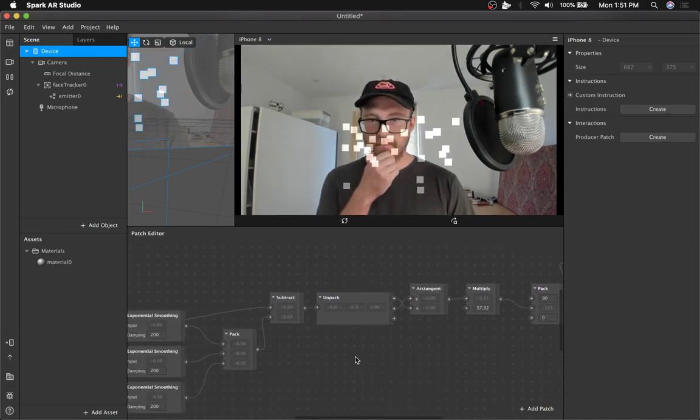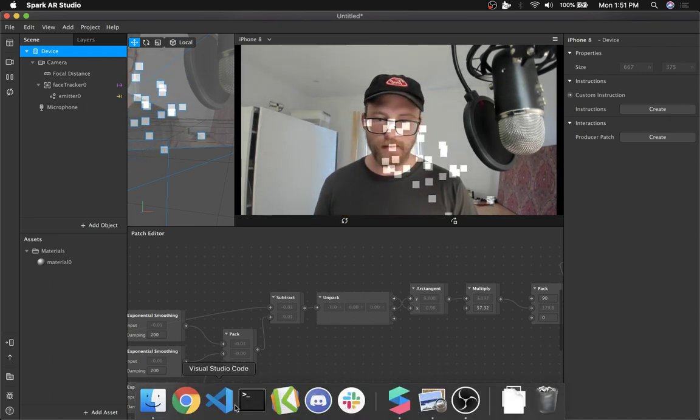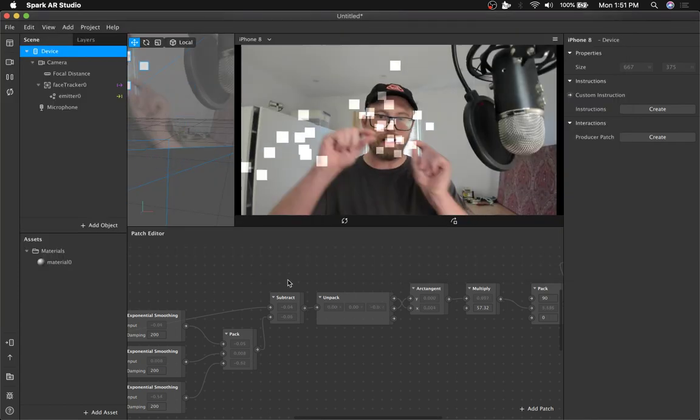I guess other stuff that I did in that script were in regards to birth rate. So if we take the length, or length and absolute, it's the total length of the motion vector.